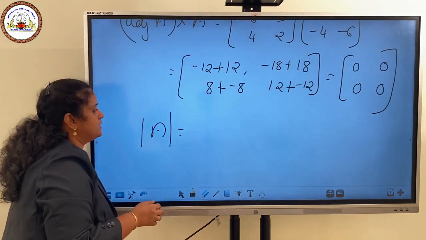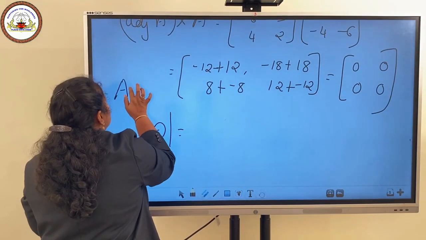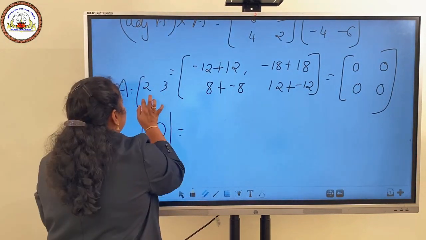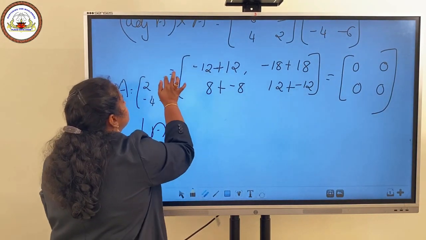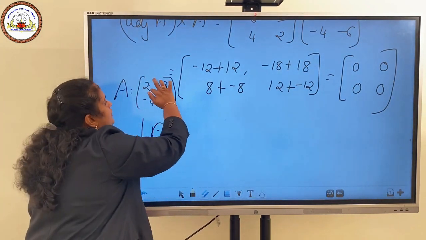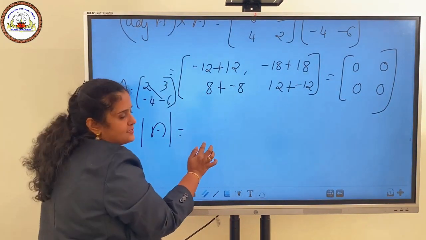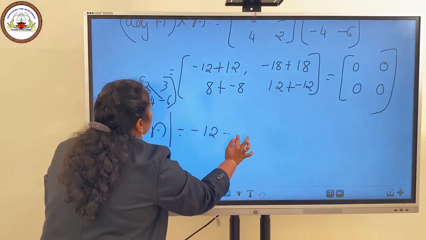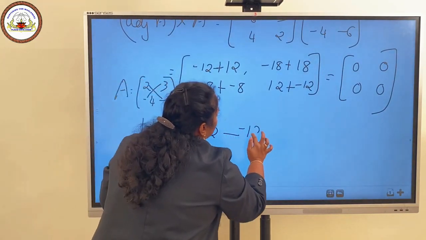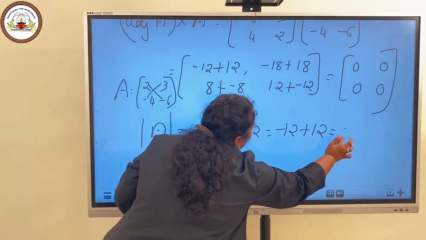Then we cross multiply. 2 into minus 6, the answer is minus 12. Minus 3 into minus 4, the answer is minus 12. That means minus 12 plus 12, the answer is also 0.